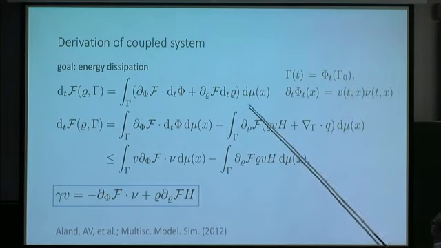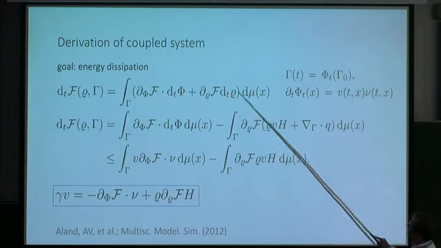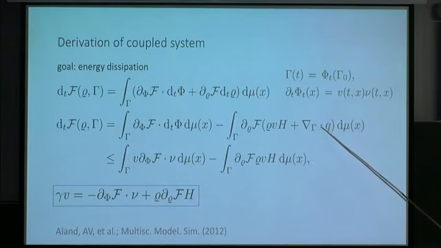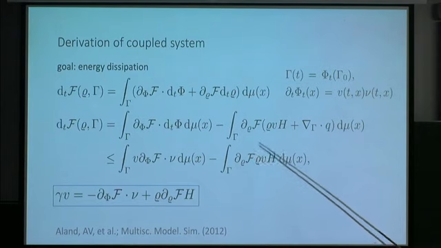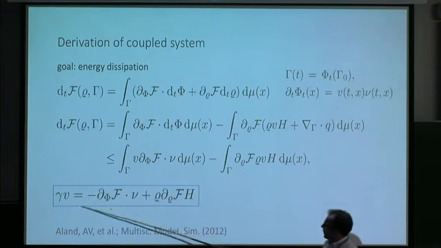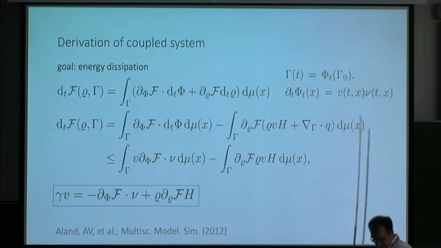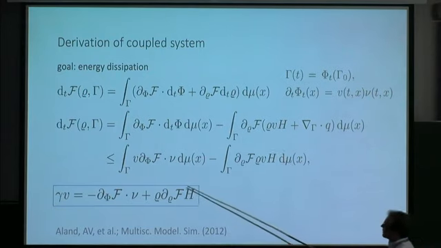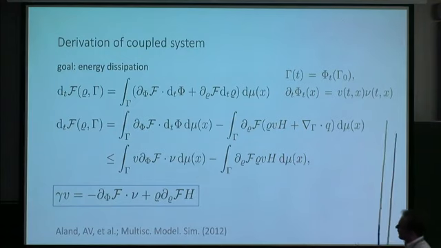And now I simply plug in what I just computed for the time evolution of the particle density. I get this thing, and now to fulfill energy dissipation, the simplest way is to choose the normal velocity in this form with some parameter in front, which guarantees us this. Right? And now I have a coupled system for both.